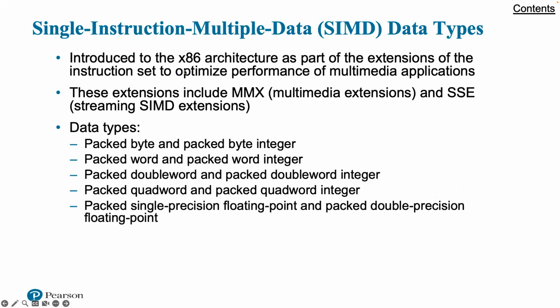This is the one thing that the sample assembly language textbook that I shared talked about: a 32-bit mode, a 64-bit mode, and also something called single instruction multiple data, SIMD, data types. This becomes useful for multimedia, and Intel decided this would be a great way to do that.